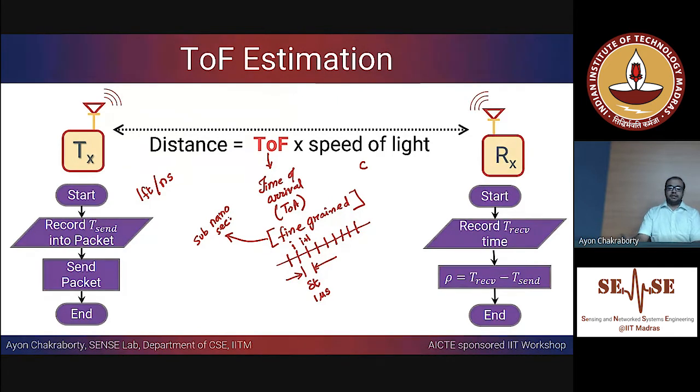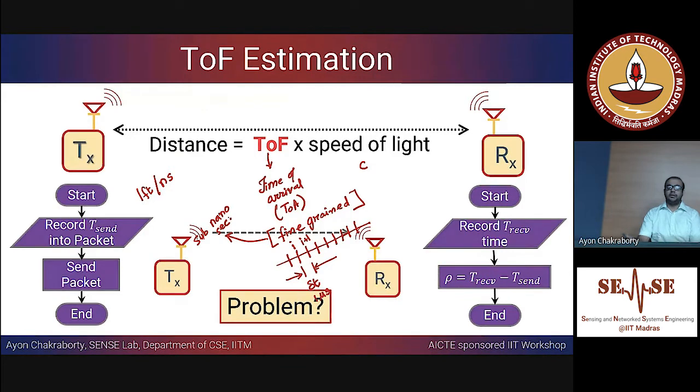We started with a very simple algorithm, and as already discussed, since we do not have proper synchronization of the clocks between the receiver and the transmitter, we run into a problem. In the simple algorithm we record the timestamps at the receiver and at the transmitter and take the difference. That difference is your time of flight, but multiplied by c it is not going to give you an accurate value of the distance.